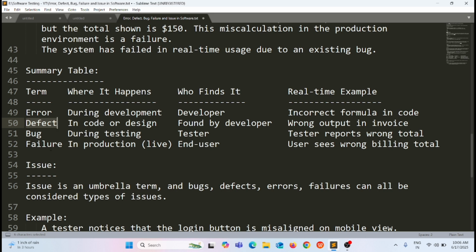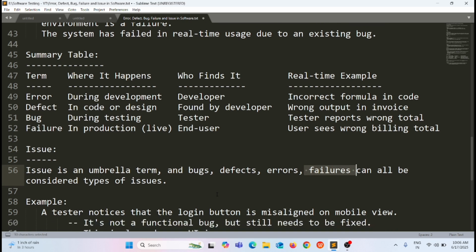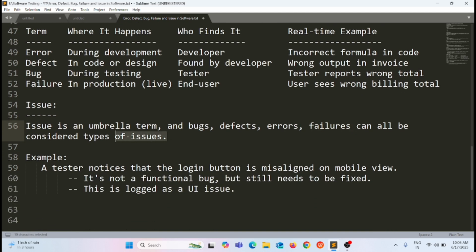Bug is also an issue, error is also an issue, defect is also an issue, failure is also an issue. So issue is an umbrella term, and bugs, defects, failures, errors can all be considered types of issue. Remember this. Example: let's say a tester noticed that the login button is misaligned on mobile view.